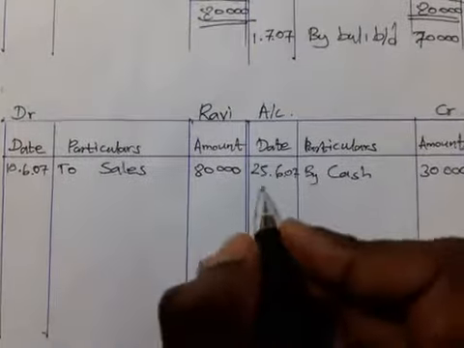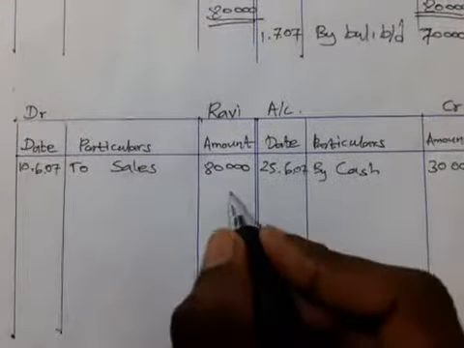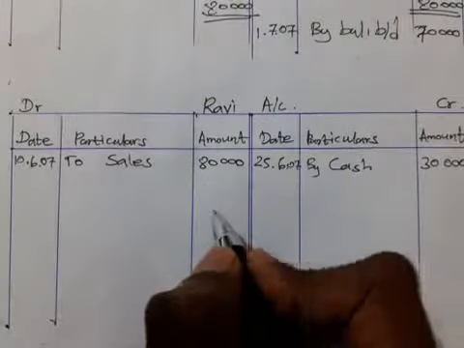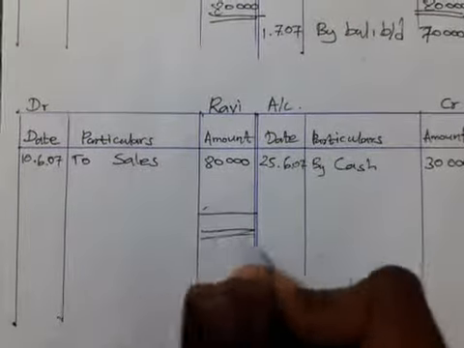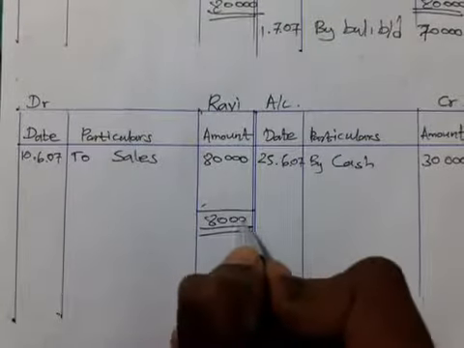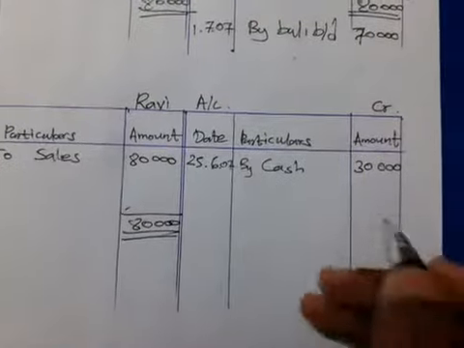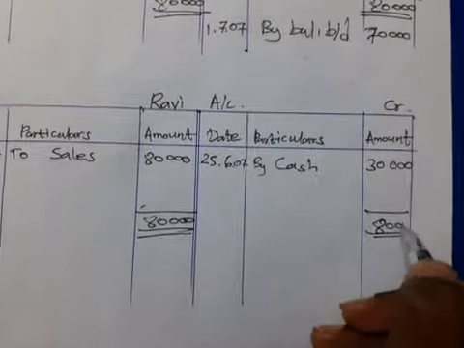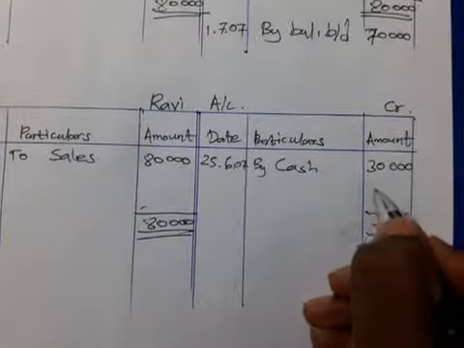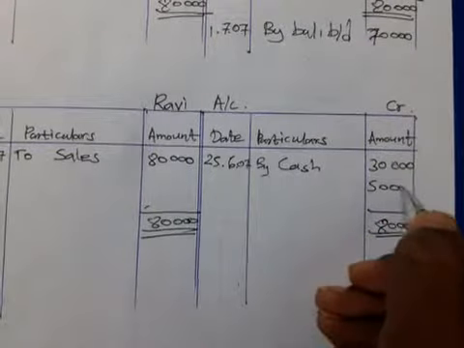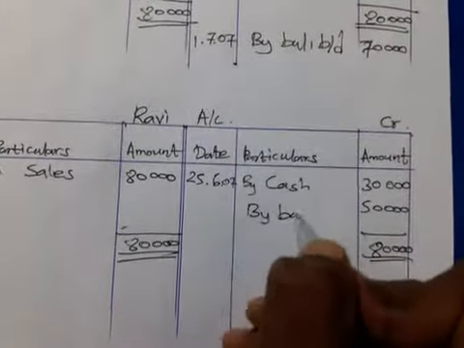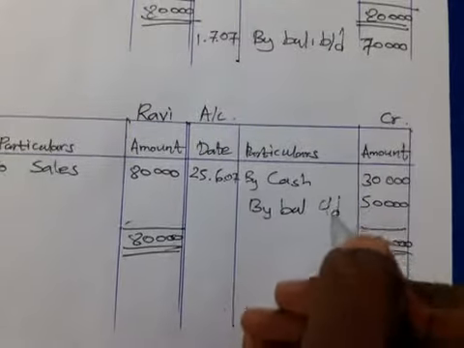In this case, the Ravi account, we find the maximum amount is on the debit side, so we'll record that amount first. 80,000, 50,000, balance carried down.